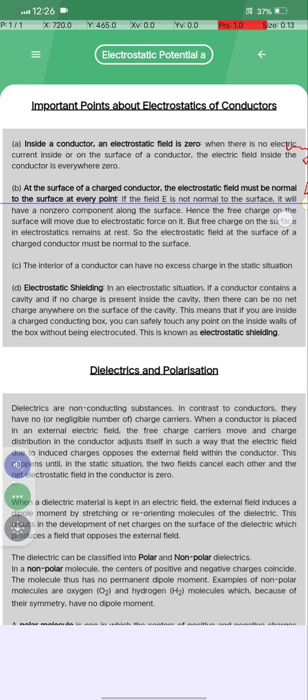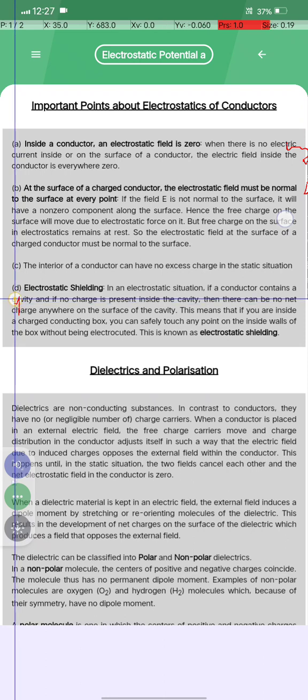If field E is not normal to the surface, it will have a non-zero component along the surface. Hence, the free charge on the surface will move due to the electrostatic force, but free charges on the surface in electrostatics remain at rest. So the electrostatic field at the surface of a charged conductor must be normal to the surface. The interior of a conductor can have no excess charge in the static situation, okay.